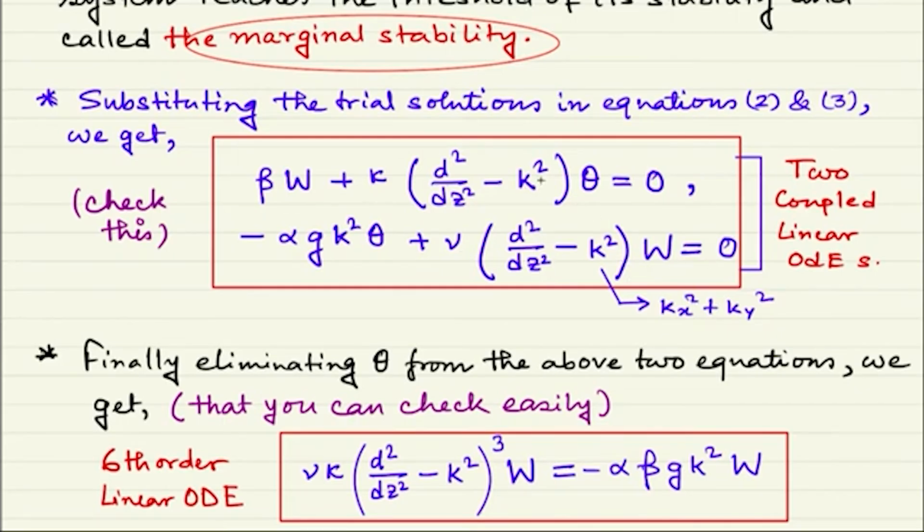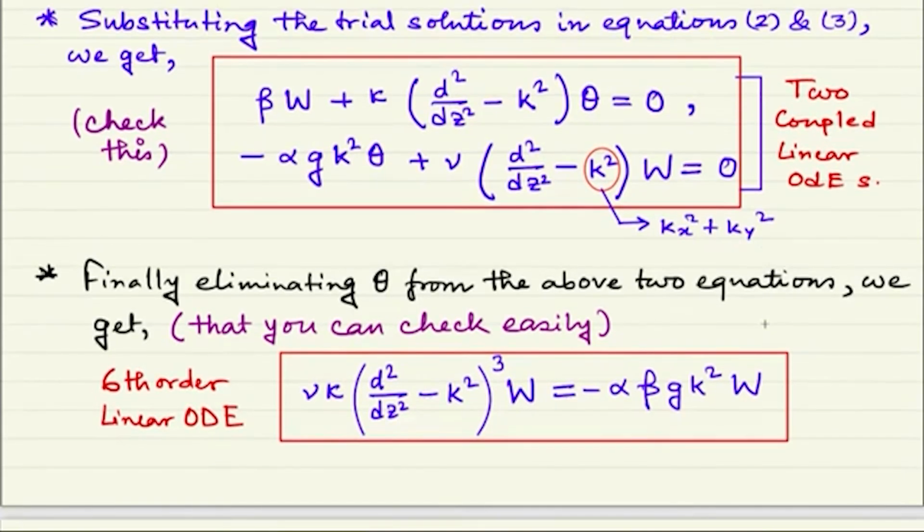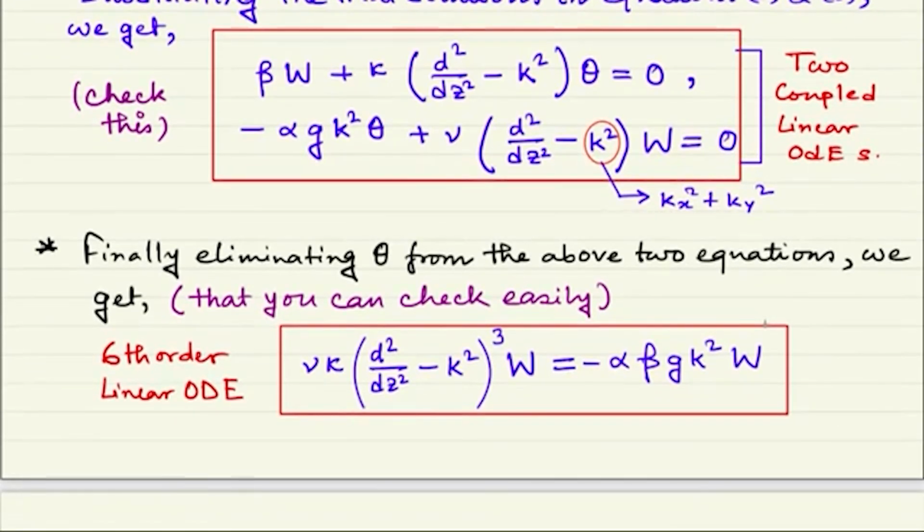Here I have introduced something new, small k. This k squared is nothing but kx squared plus ky squared, the modulus squared of the horizontal wave number. This is the wave number in the plane perpendicular to the heating direction, which is the vertical direction.